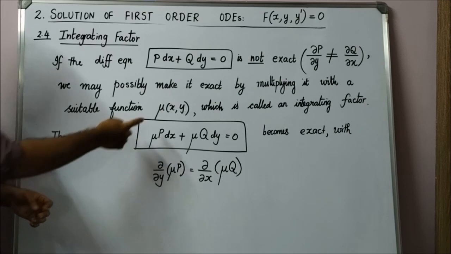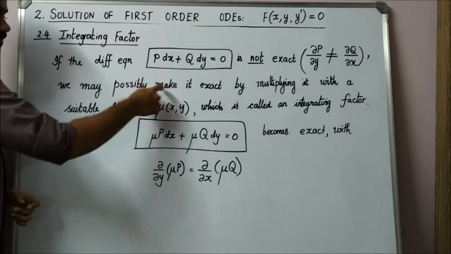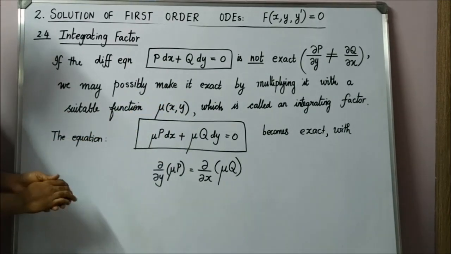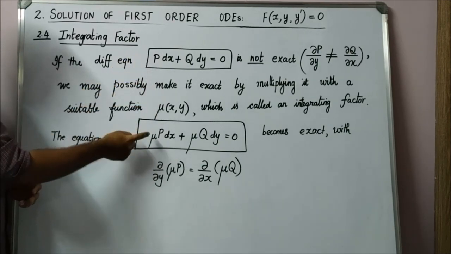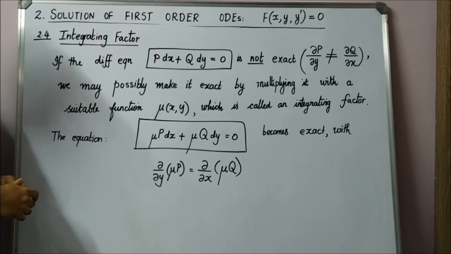So this unknown function mu of x comma y, when you multiply this function to an inexact equation, it became an exact equation. Such a function is called an integrating factor to an inexact equation.